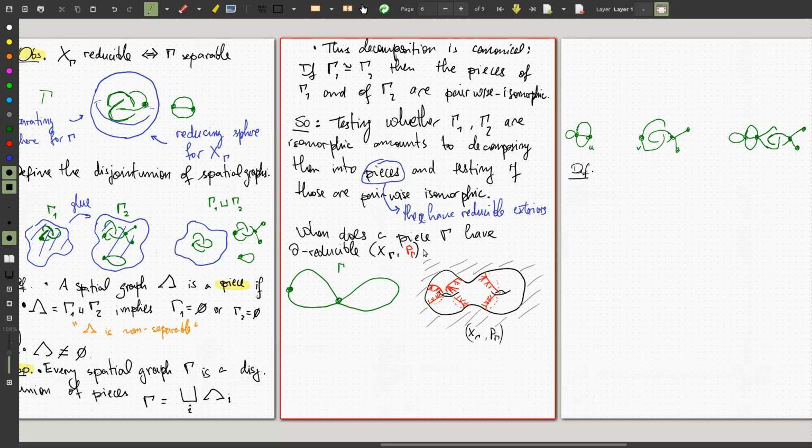So that's the question. And I'm already suggesting the answer, or rather, the following illustration already suggests what we should be thinking about.